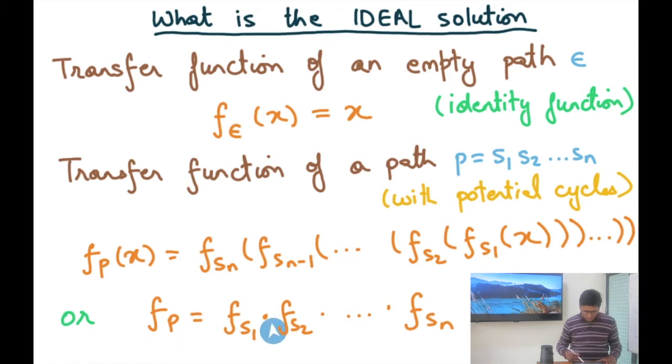This is the short way of writing composition. This is a slightly longer, verbose notation for function composition, but both notations say that the transfer function of a path is formed by composition of the individual transfer functions that constitute that path.